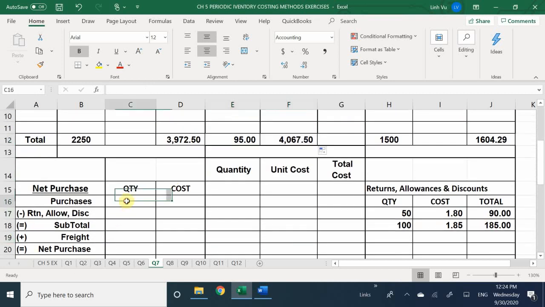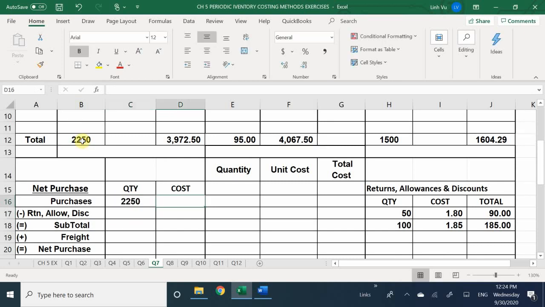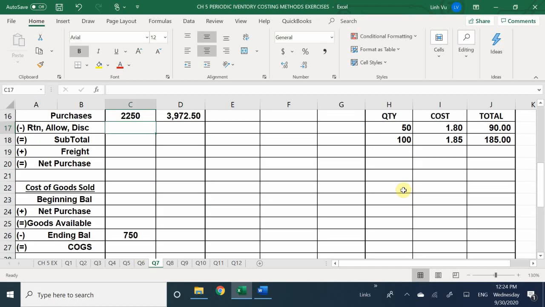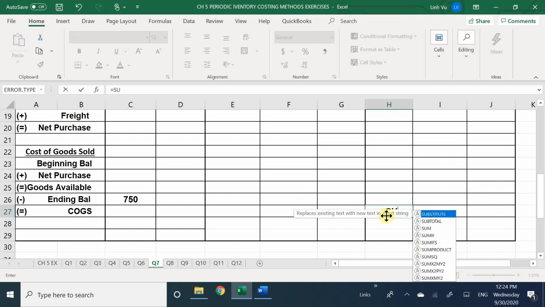And now I'm going to apply all of those down here. So I have the 2,250 items for the $3,972.50. My purchase returns and allowances: because I need full refunds on everything, I'm going to calculate the grand total of the returns I am making.